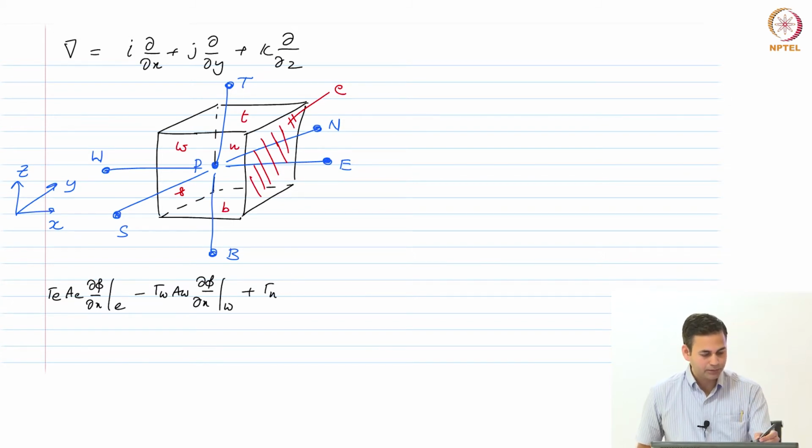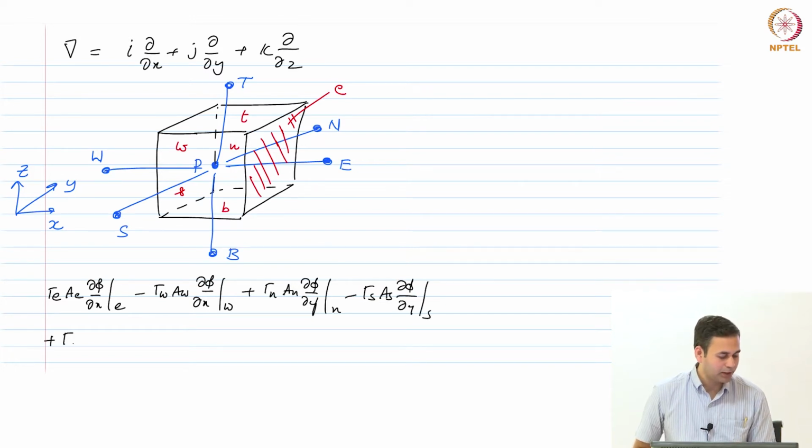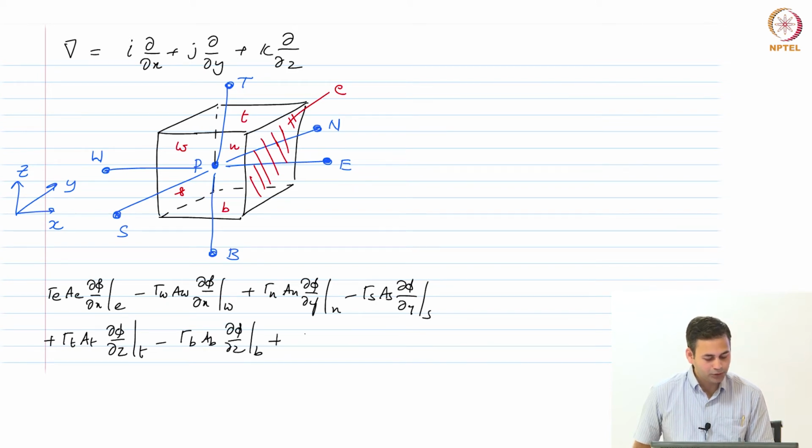Gamma north A north partial phi partial y north minus gamma south A south partial phi partial y south plus gamma top A top partial phi partial z top minus gamma bottom A bottom partial phi partial z bottom, plus you have SC plus SP phi p times delta volume, that is delta x delta y delta z.